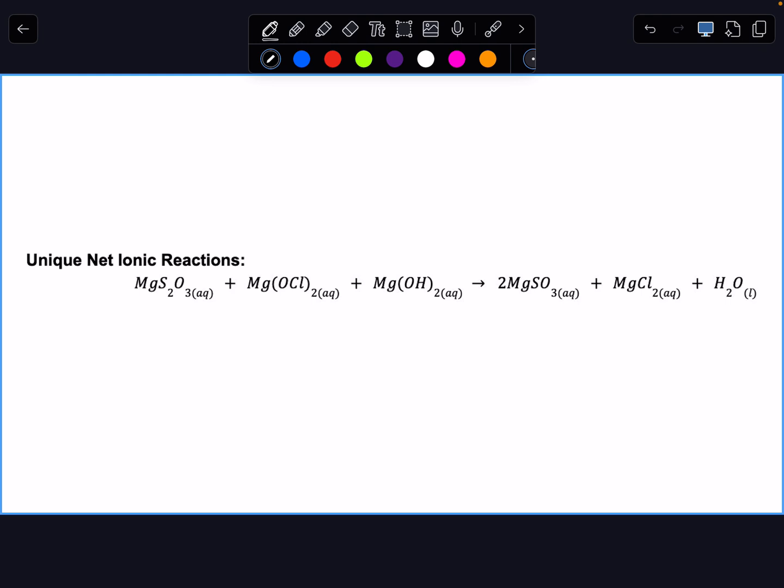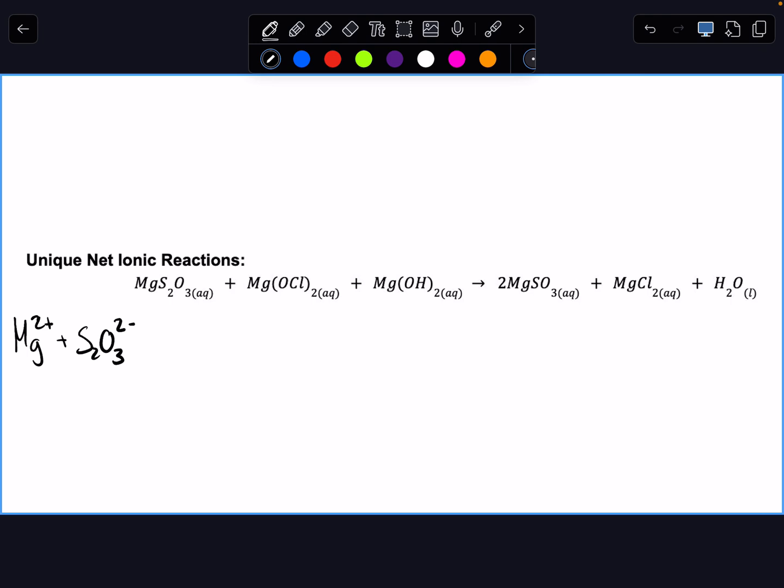Since this one here is aqueous, it exists as 2 separate pieces. So we're going to write it as Mg2 plus and S2O3, which would have a -2 charge, because if magnesium was +2, the thing it's attached to must be -2.